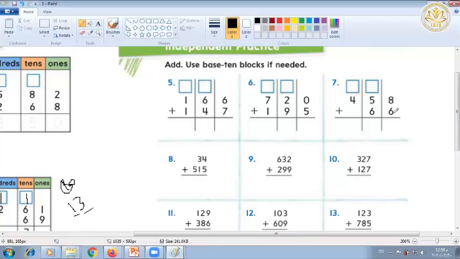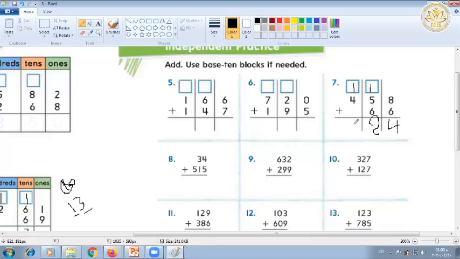Now 8 plus 6 equals 14, and the 14 is 4 ones and 1 ten. 1 plus 5 equals 6, and 6 plus 6 equals 12. Now the 12 is what? It's 2 tens and 10 tens, and the 10 tens will make 100 in here.